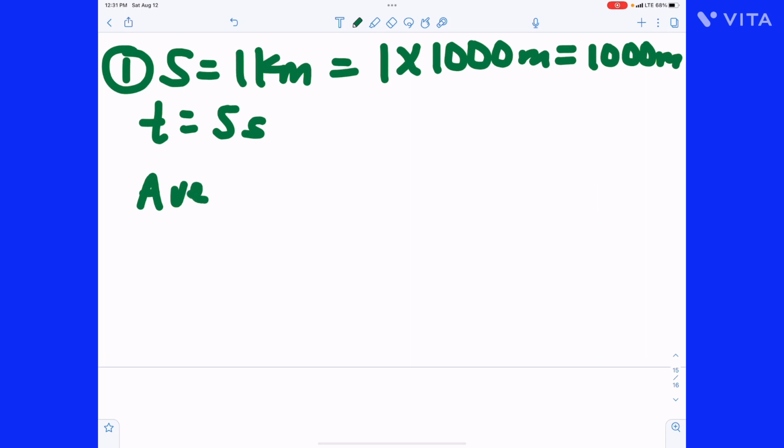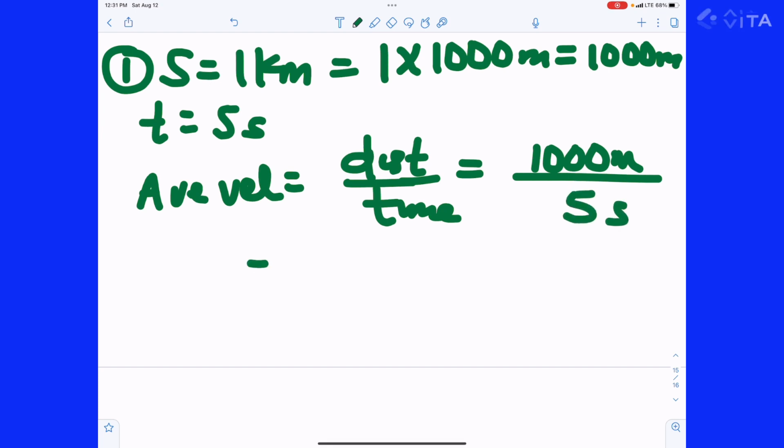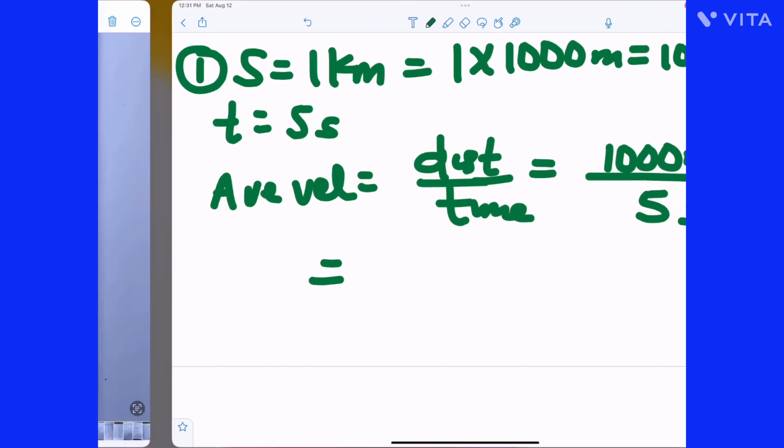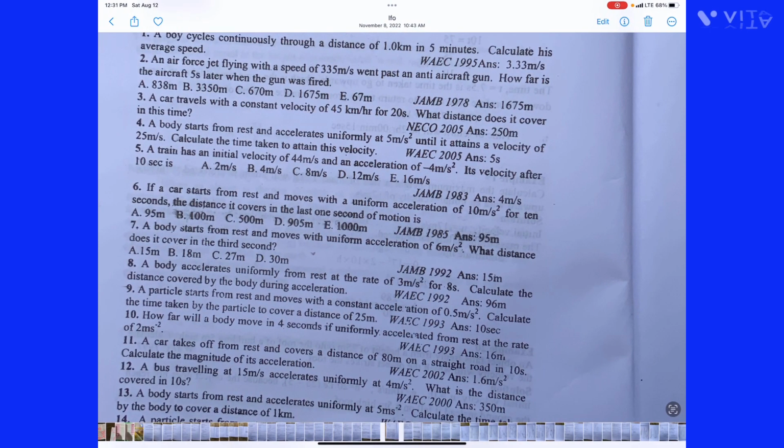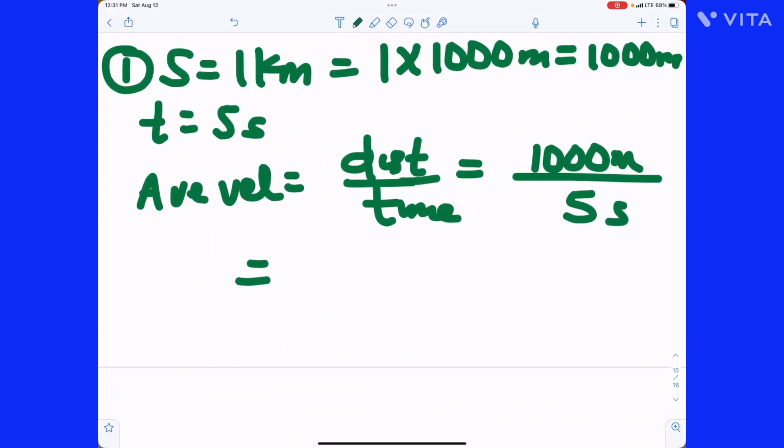Average velocity is distance traveled over time taken. The time is also not in the SI unit. The time is 5 minutes, so I have to do some conversion on the time.